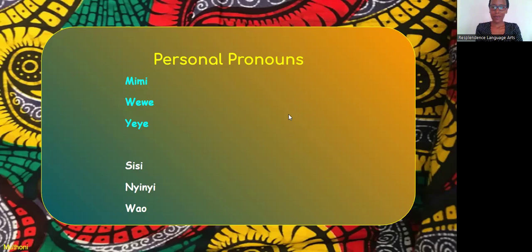Let's see if you're getting it correct. So mimi is I. You got that? Wewe is you, which is you singular. And then yeye is he or she. And then we have sisi. Sisi is, see if you get it right.